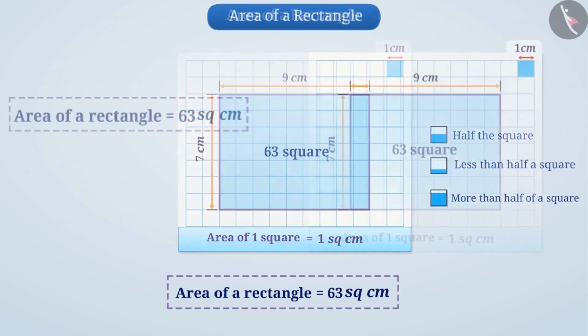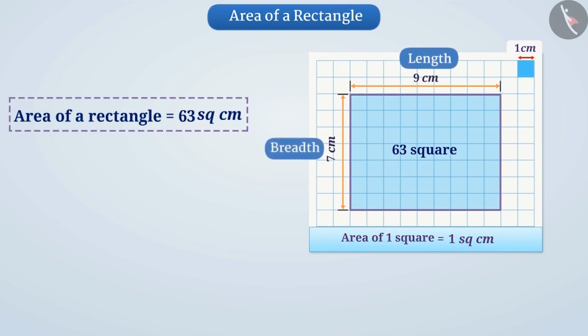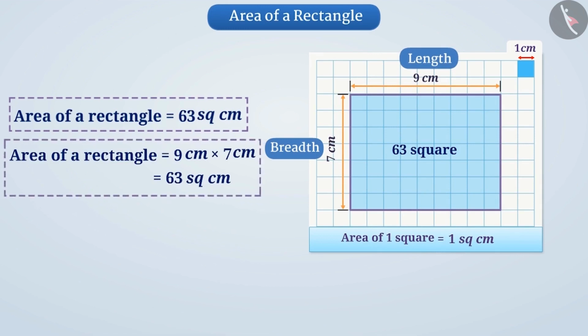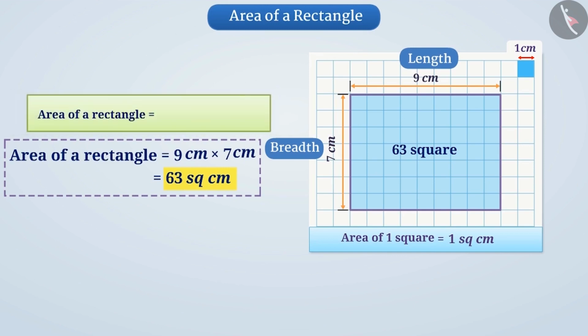Again, if we multiply the length and breadth, we get the area of the rectangle: 9 cm multiplied by 7 cm is equal to 63 square centimeter. Thus, we can say that the area of a rectangle is length multiplied by breadth.